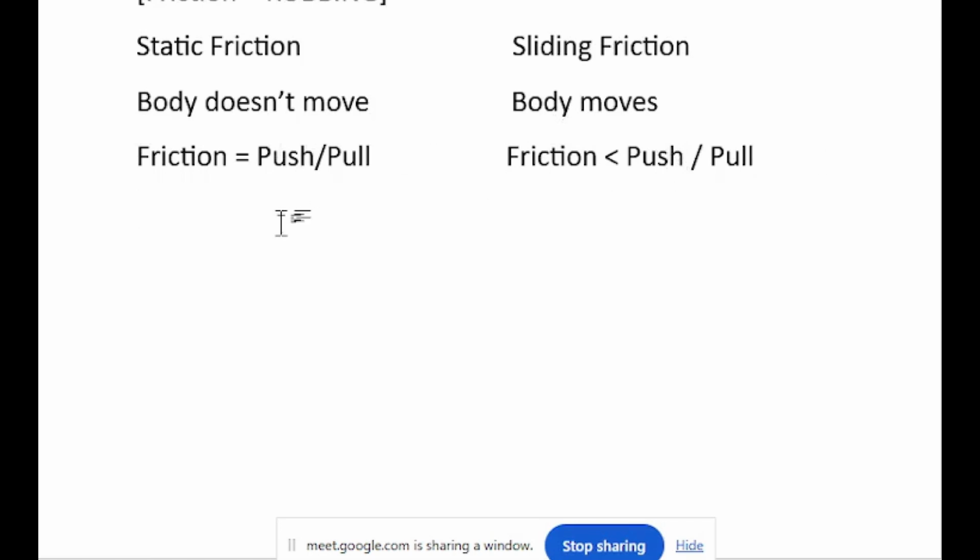So when both are equal, the body doesn't move, static, and when friction is smaller and push or pull is bigger, the body moves, sliding.